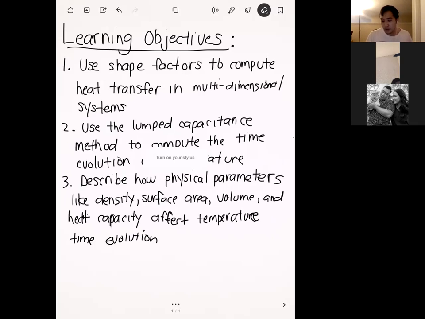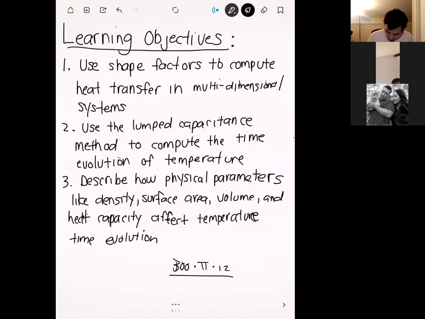Can you tell me what you plugged in again? I went 300 times pi times 0.12 over 30 times 0.12 squared times pi, and then when I square rooted it, I got 9.1, about 9.13.